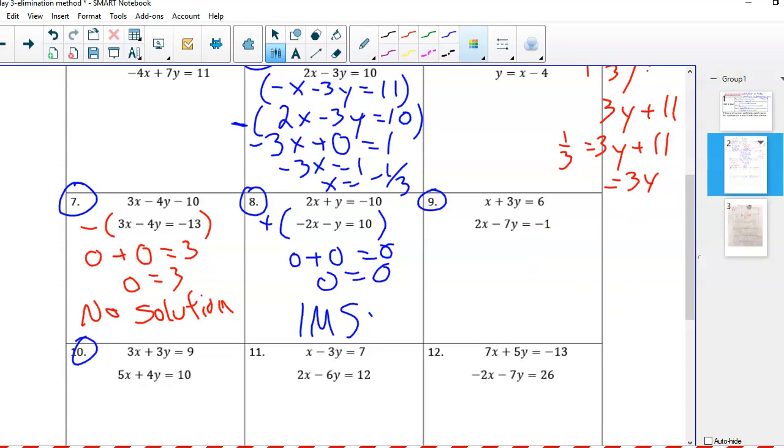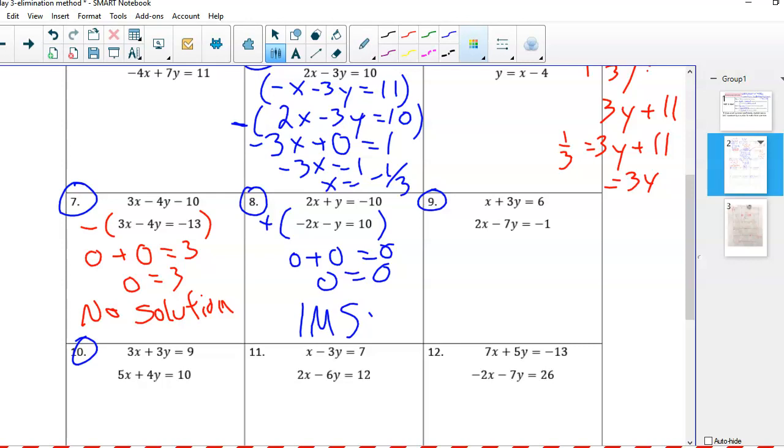Right, for number 9, do we have 2 variables with the same coefficient? No. So this is a case where we have to multiply. Does not matter which one, but you want to eliminate something and multiply by a common multiple. So let's say I want to get rid of my x's. I would need to multiply this equation by negative 2.